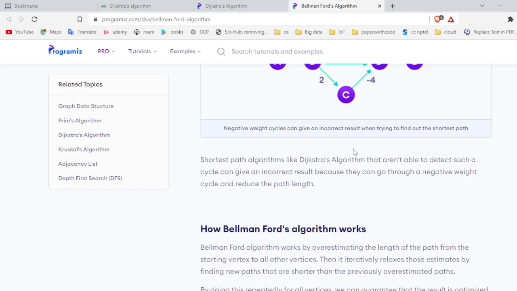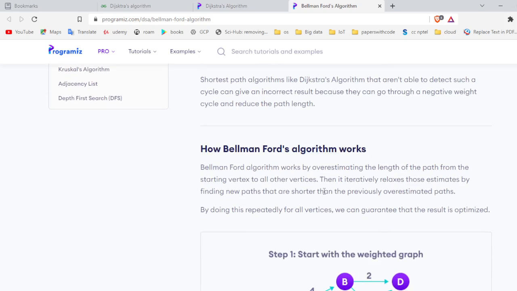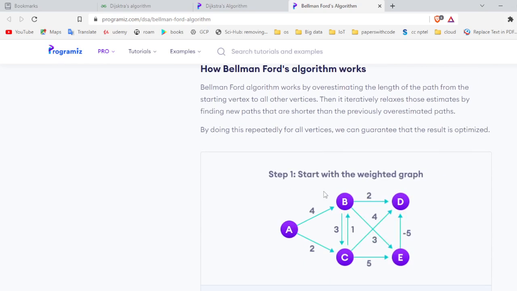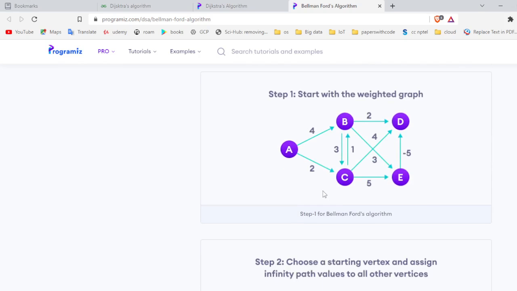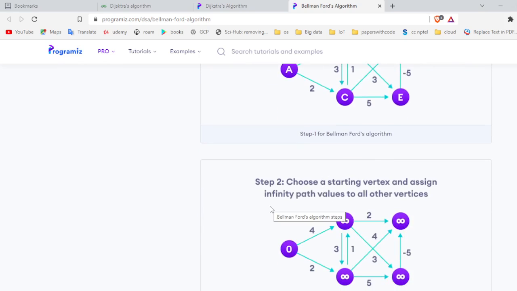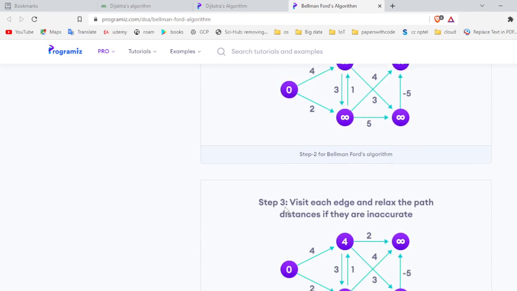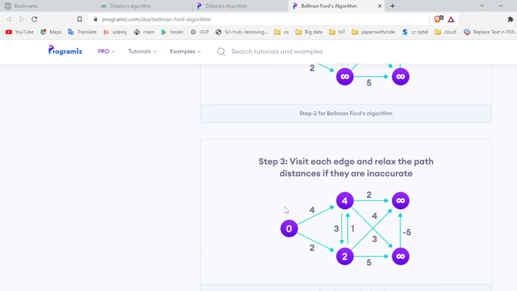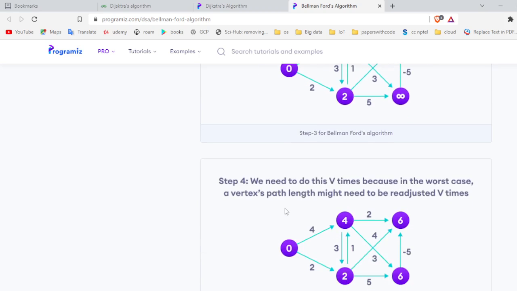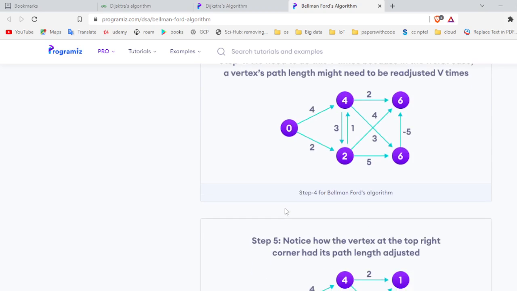So the Bellman-Ford algorithm follows these steps. To start, we take the weighted graph, and step 2, choose the starting vertex and assign infinity path values to all other vertices, and visit each edge and relax the path distance if they are inaccurate. In a similar way, we do this V times, because in the worst case a vertex path length might need to be readjusted V times.